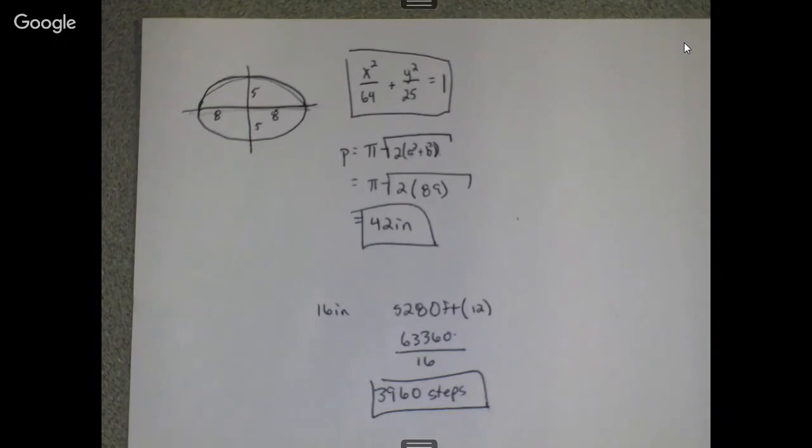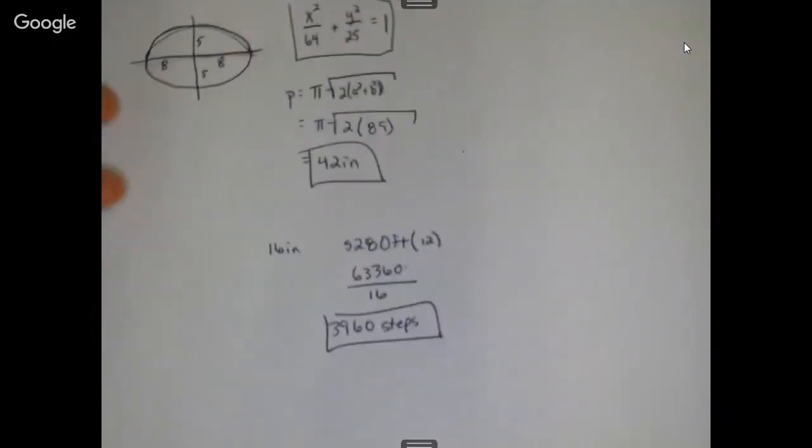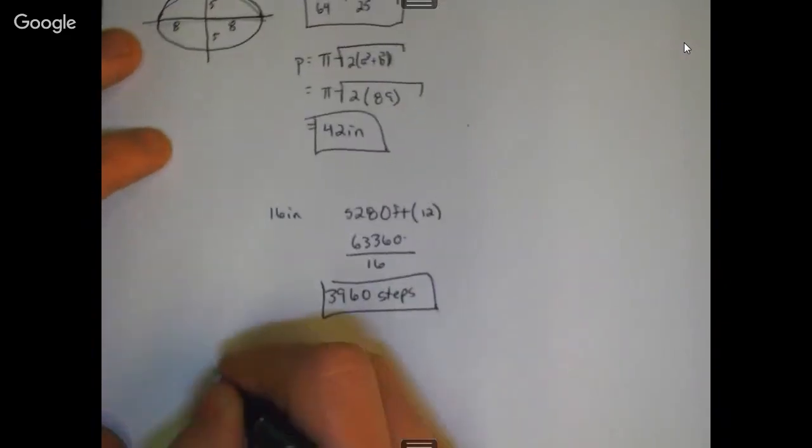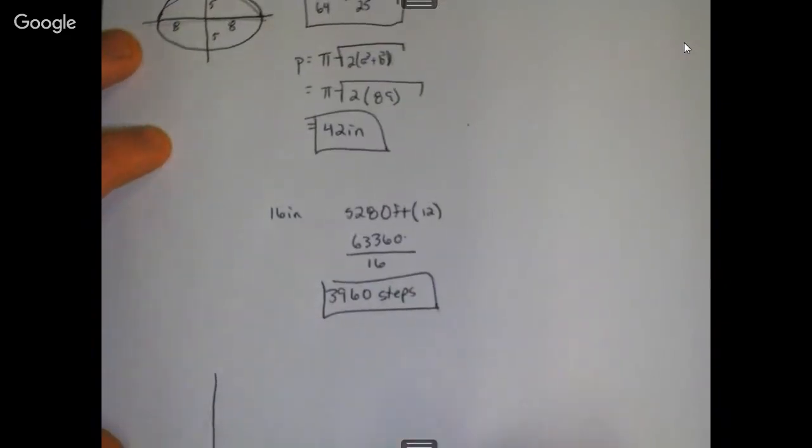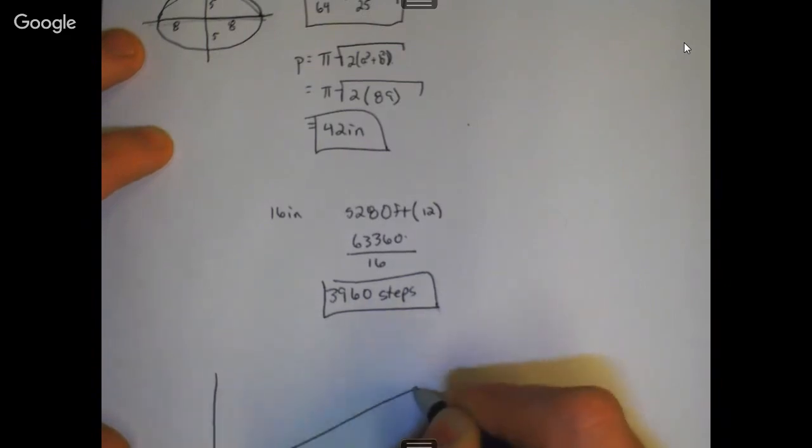Okay, a radar tower is located at 0, 0 and spots an object 106 miles away. So here's kind of my grid here. 0, 0, my object is 106 miles away.